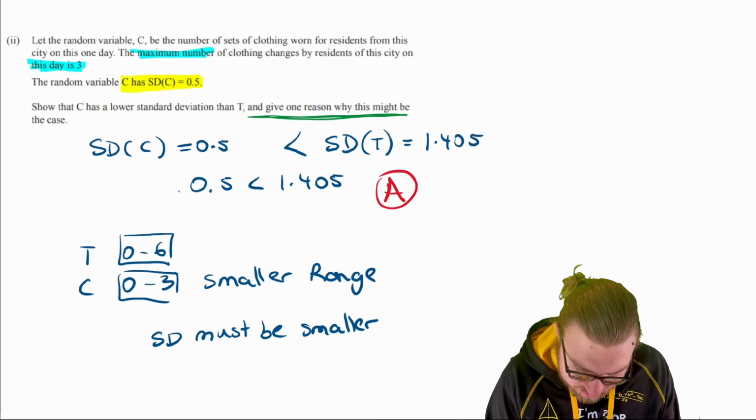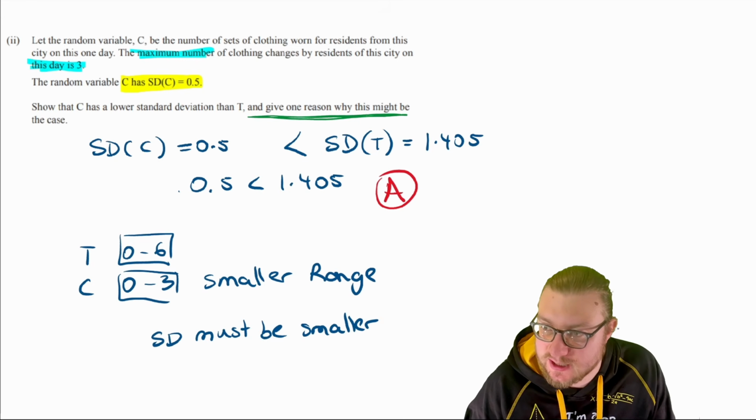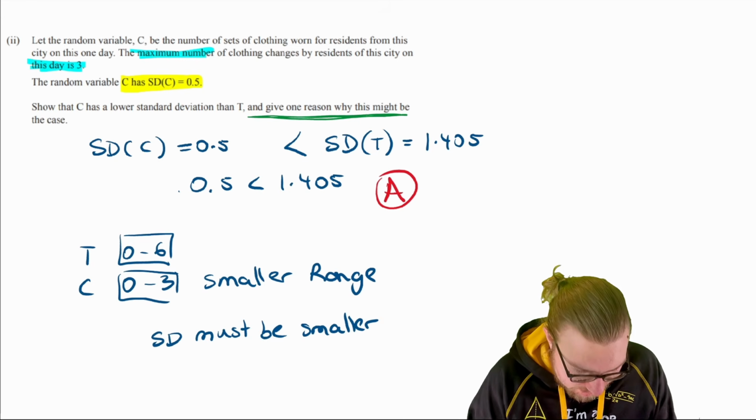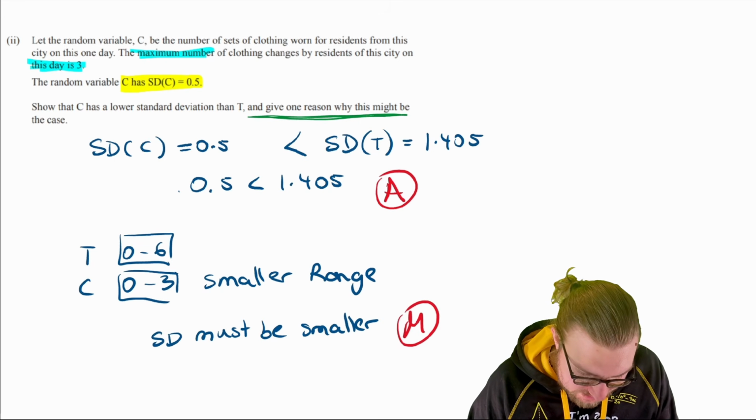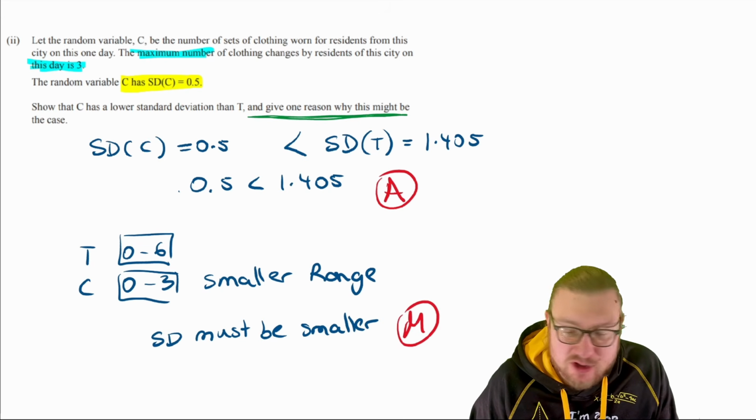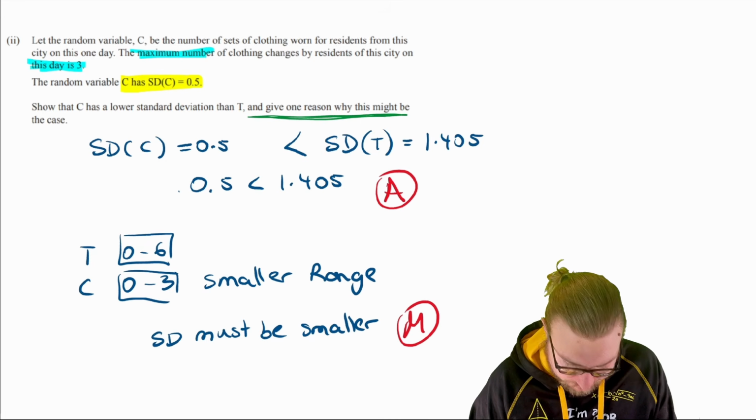Yeah, we have less opportunity to make things different. Okay, giving the reason here, referring back to the maximum being 3, will actually give you a merit mark.